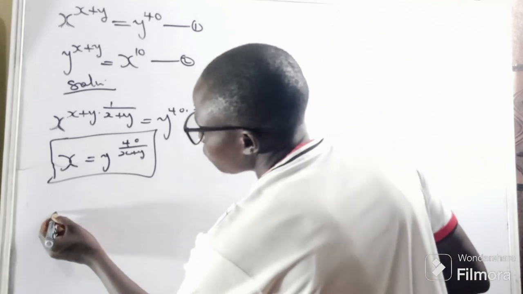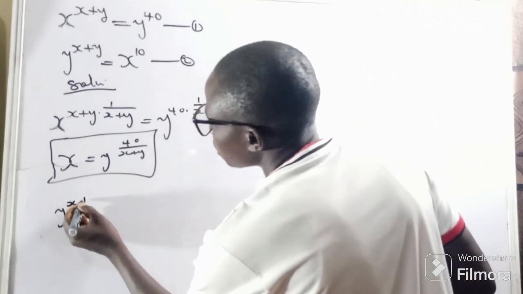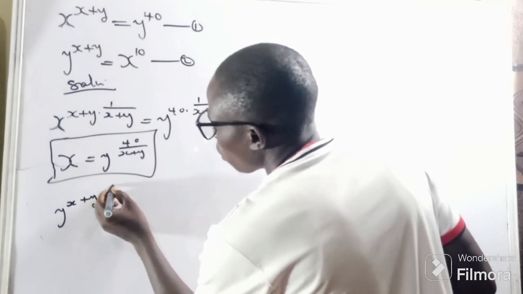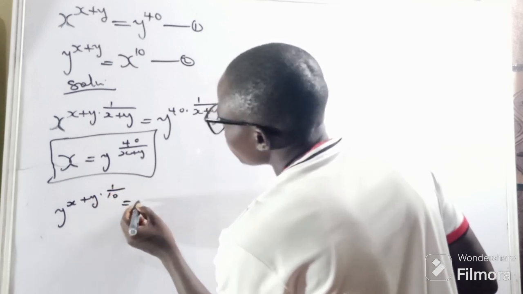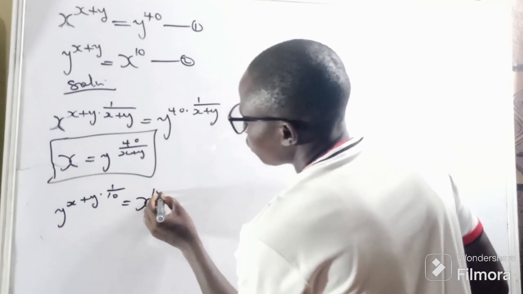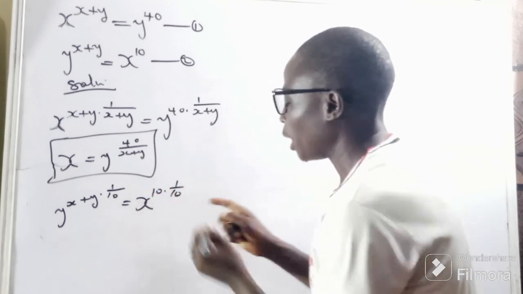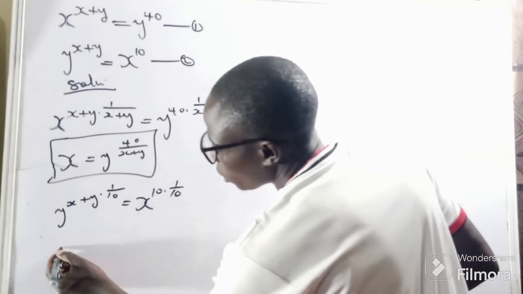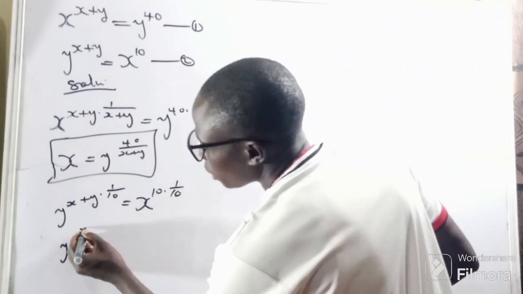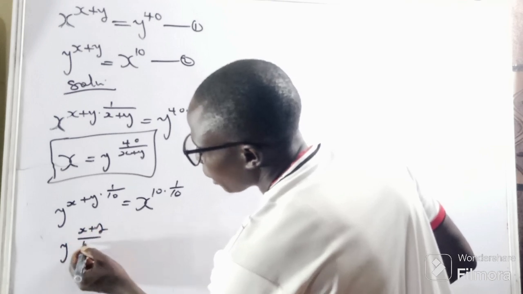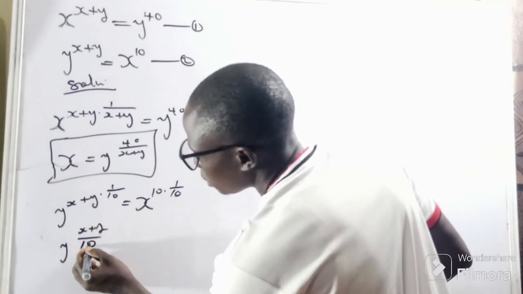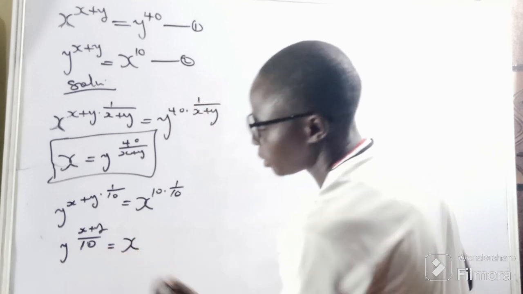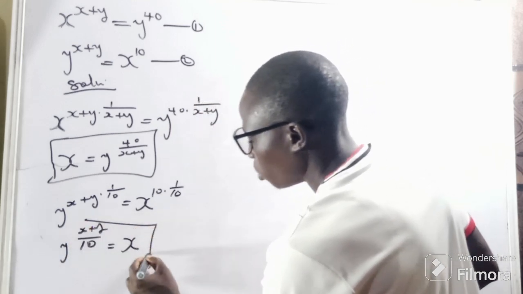So I'm going to have y to the power of x plus y into 1 divided by 10 is equal to x to the power of 10 into 1 divided by 10, and I know that this 10 will take care of this 10. So I'm going to have y to the power of x plus y divided by 10 is equal to x. This is another important equation.